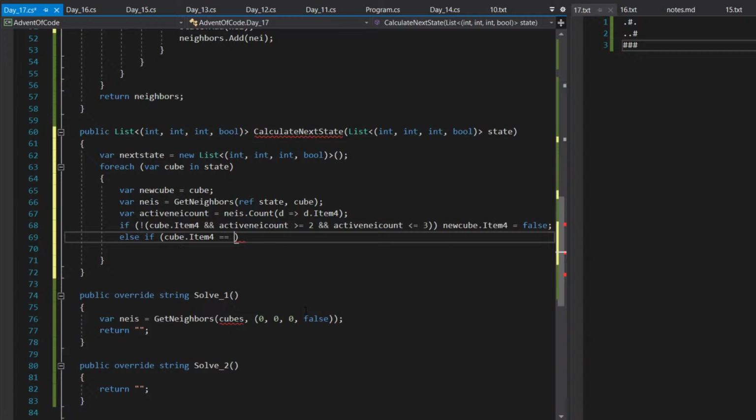Cube.item4 equals false, and active count equals 3, then it becomes active.